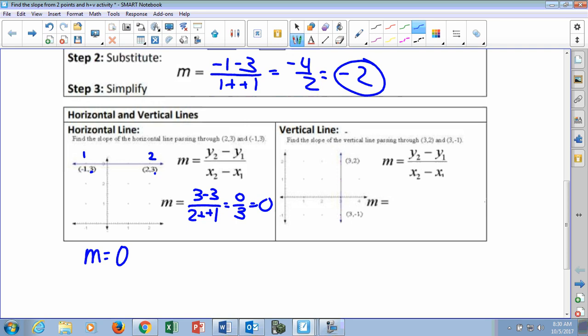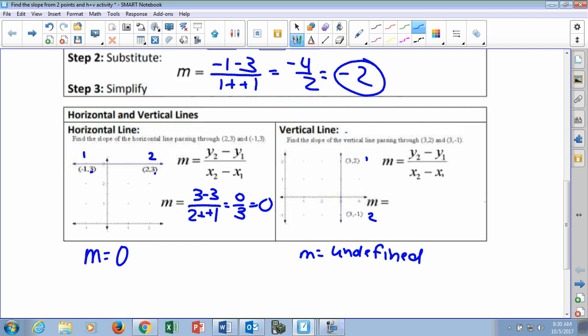Now the other way, who remembers the slope of a vertical line? Undefined, right? Because 0 is in the denominator. Well, let's use these 2 points they give us. We'll say this one's number 2 and this one's number 1, just because it's top to bottom. Again, doesn't matter.